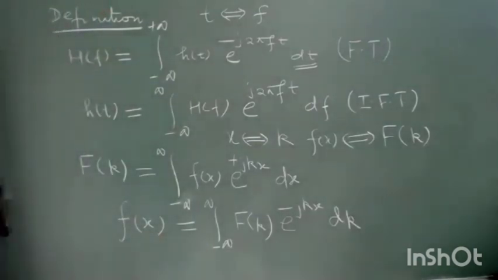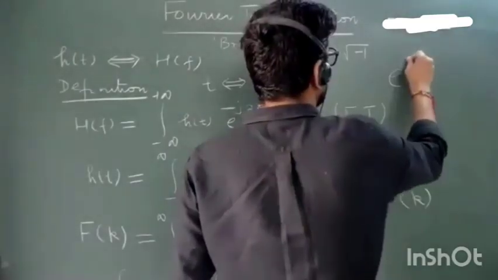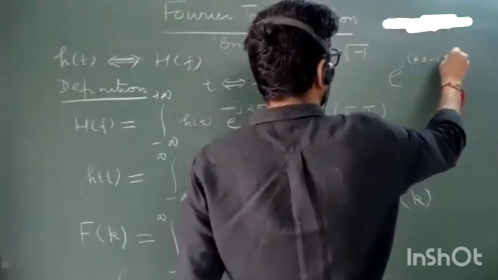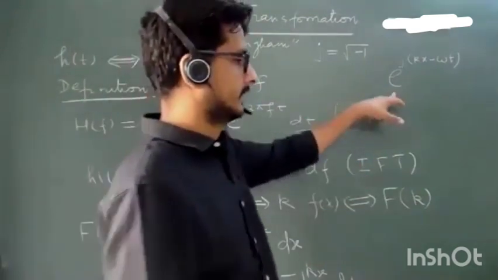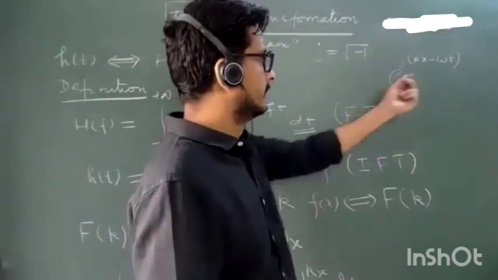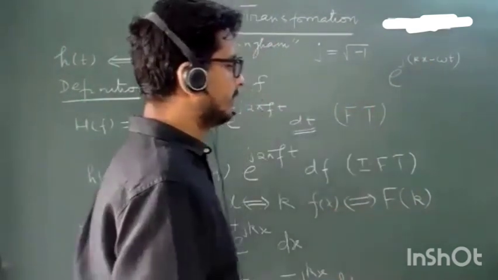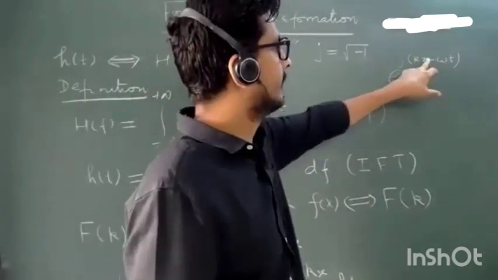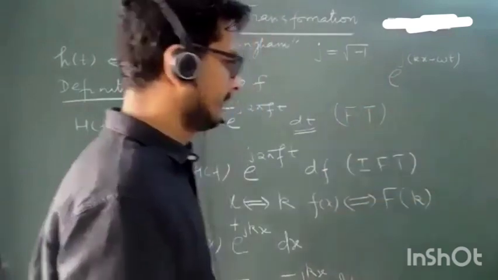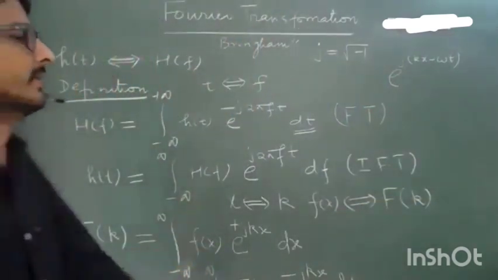Like if you write e to the power j (kx minus omega t) for wave propagation, if it is a wave propagating in the positive x direction, you write it like this. So that means the sign of omega and the sign of k are opposite. These all things are conventional, okay?